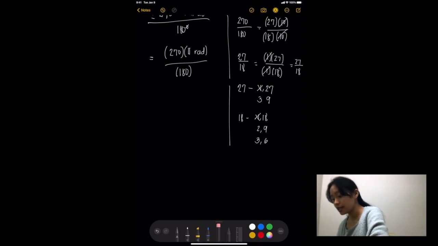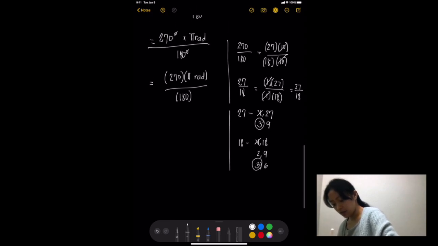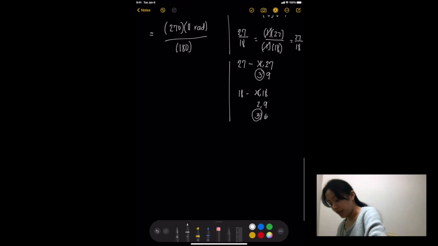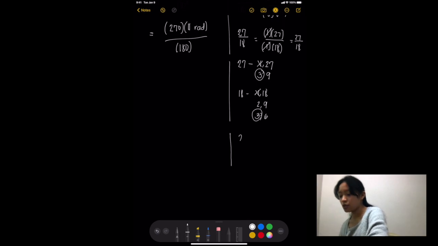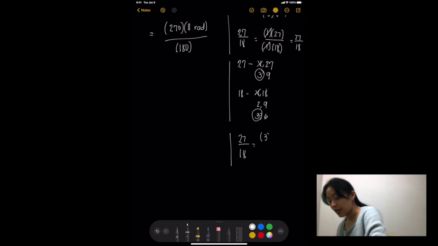So it's 3, and so I'm seeing 3 here. So I'll try to rewrite 27 and 18 in terms of their common factors.